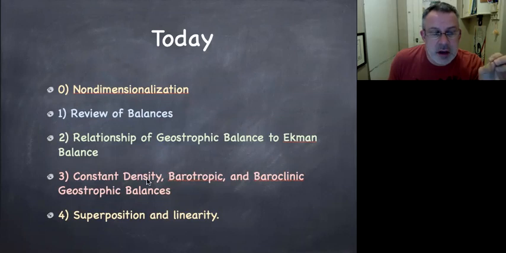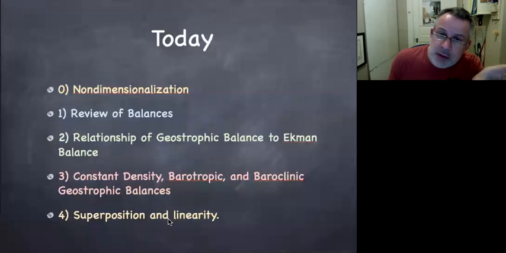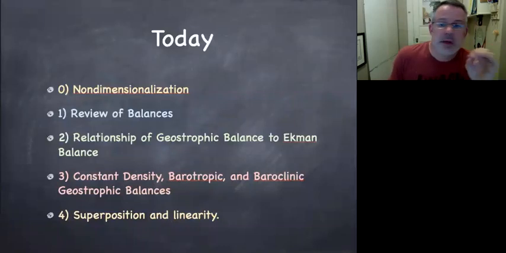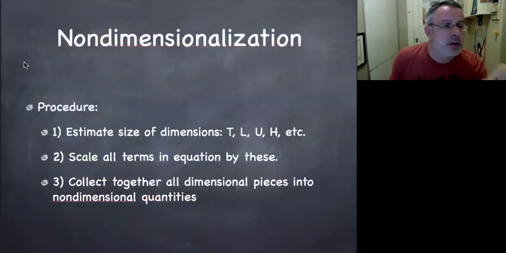Those are each talking about different versions of the pressure gradient force. And then we're also going to touch on this concept of superposition and linearity, which is going to be really useful to back up the schematic we've been drawing with those deep flows, and then adding the Ekman shear on top. We're going to see what assumptions justify that decomposition.